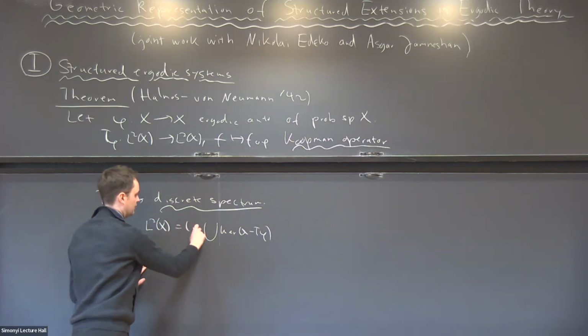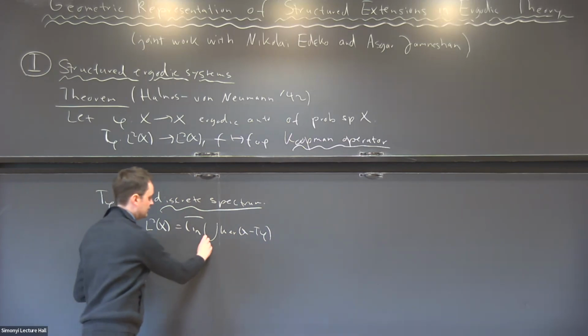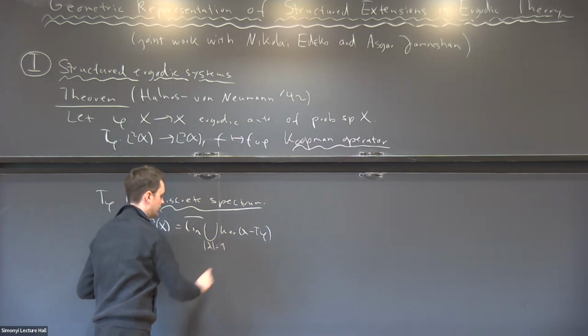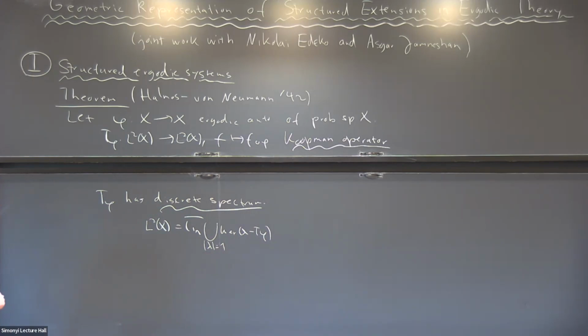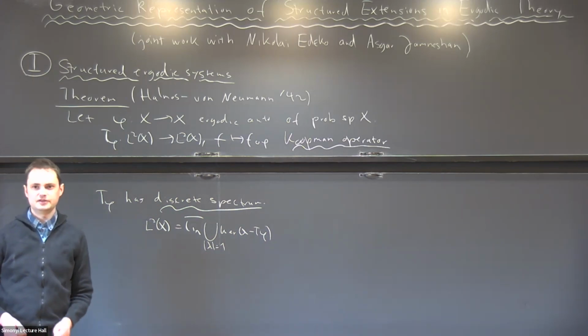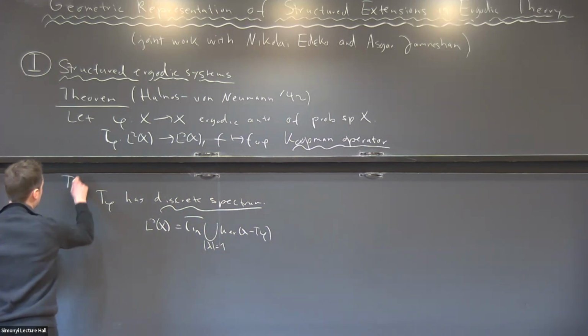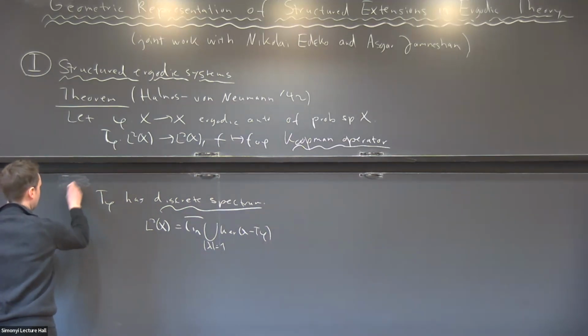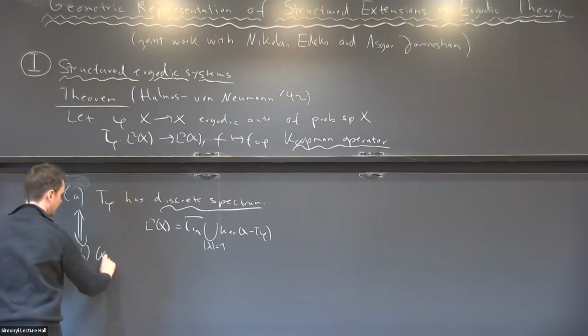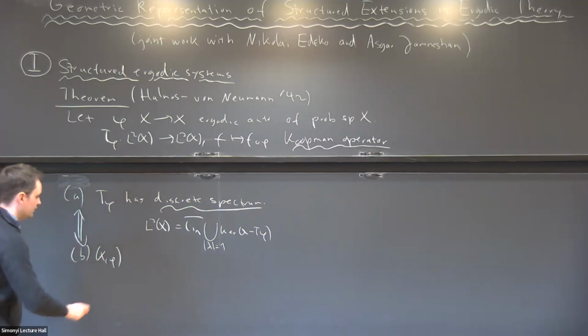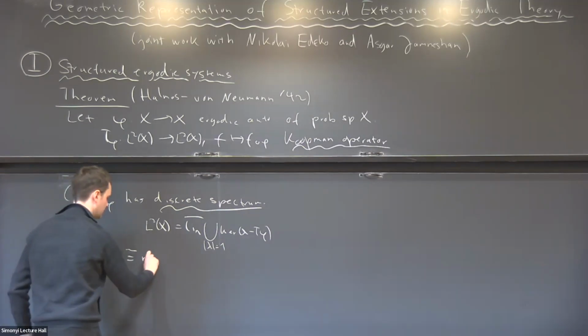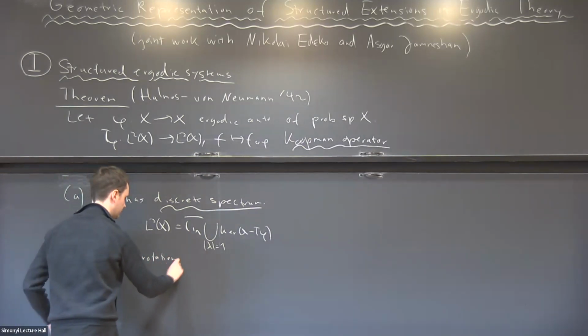So if I take the closed linear hull of these eigenspaces, then I already obtain my whole space L2 of X. And now they observed that this is precisely the case if the system is isomorphic to a rotational system. So this is the theorem. This is equivalent to the system (X, phi) being isomorphic to a rotational system on a compact group.